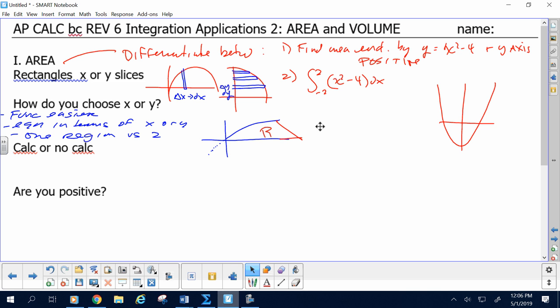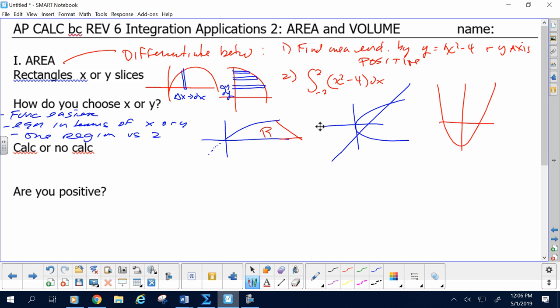And then this also goes to what it's a function of. This, for example, I would definitely use y because it's a single function of y, but this would be two functions of x.